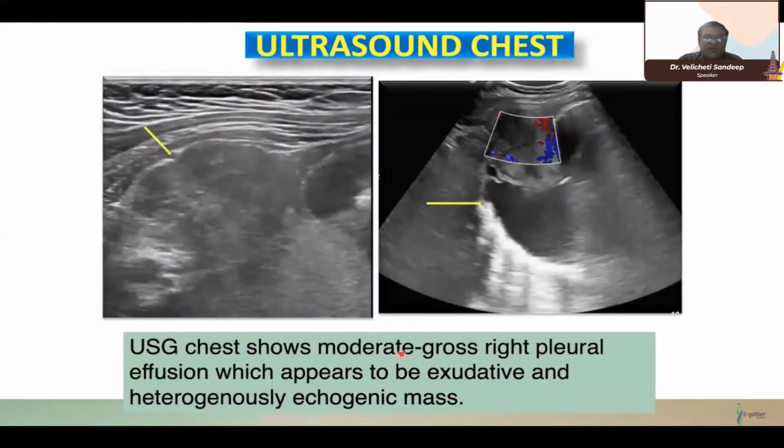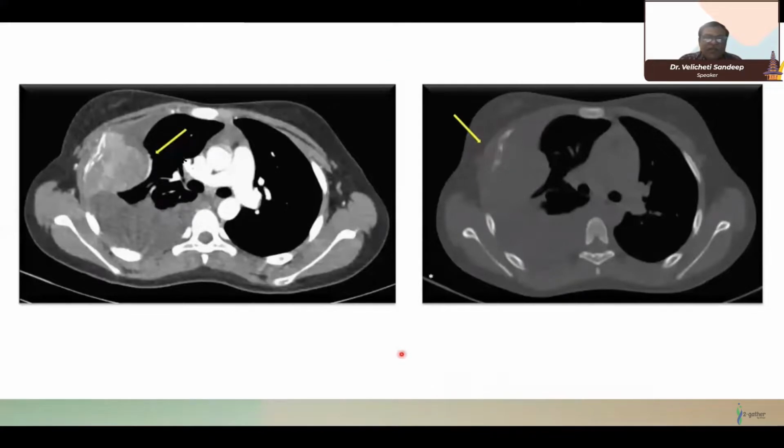Further, we took a chest ultrasound, where we saw flow picking up in a solid lesion associated with the pleural effusion and collapsed lung. So we thought this needed to be further investigated by CT scan. CT scan shows a heterogeneous necrotic mass lesion, which is in direct contact with one of the ribs. The rib is granulated, not completely destroyed, but altered in pattern, and the mass looks like it is burrowing into the chest wall, associated with significant pleural effusion and mediastinal shift.